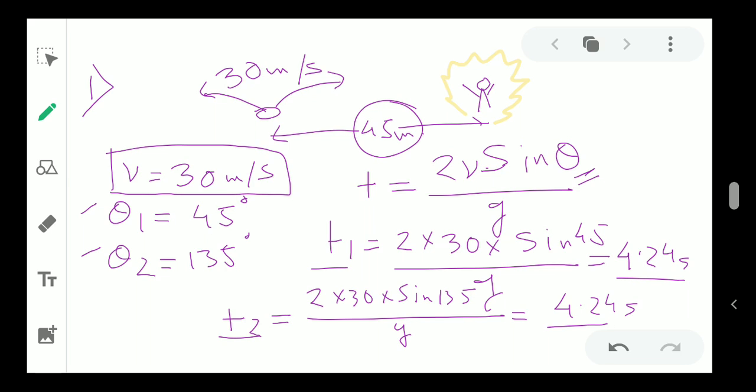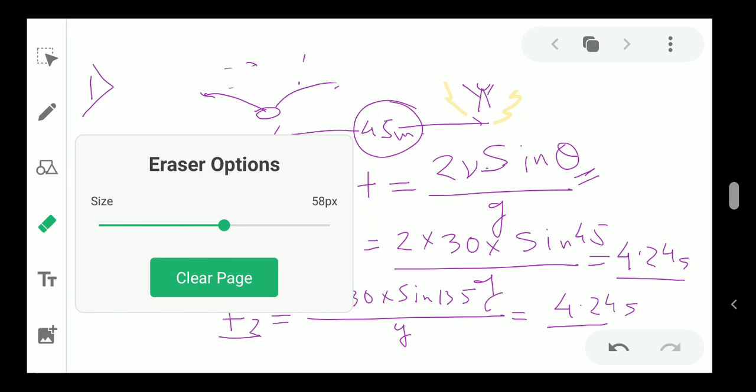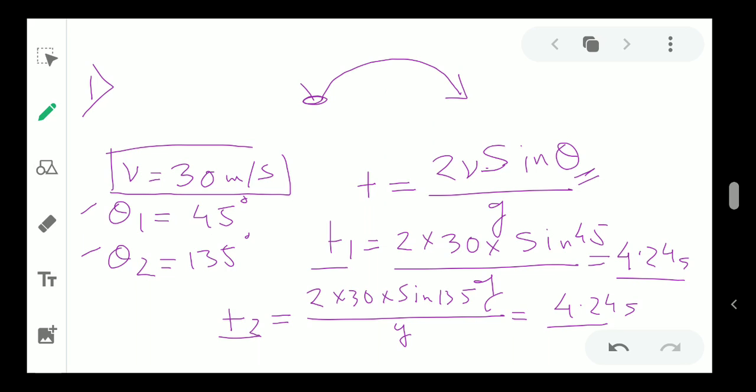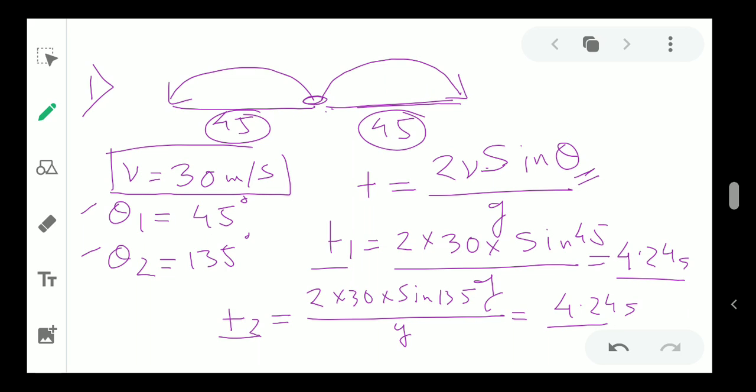That means what is actually happening in a real situation: if I have a fragment here going in this direction and that direction, then on both sides it can cover the same range.